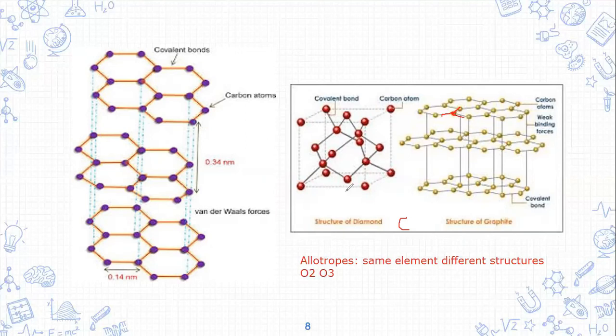Whereas if I talk about diamond, diamond has one carbon atom which is joined to four more carbon atoms. So it has a tetrahedral structure. This one is a 3D structure, whereas graphite has a 2D structure.